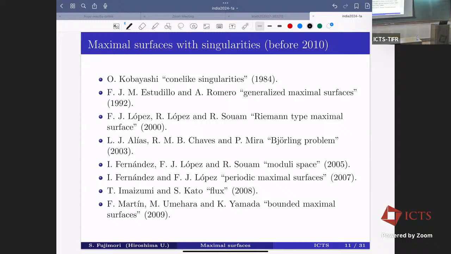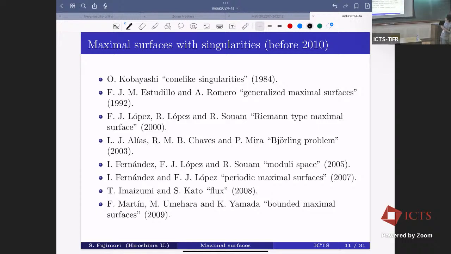And as I mentioned before, the global property of maximal surfaces was done by Calabi: a complete maximal surface is a plane. But later, some people allowed some singularities of maximal surfaces and found some examples.